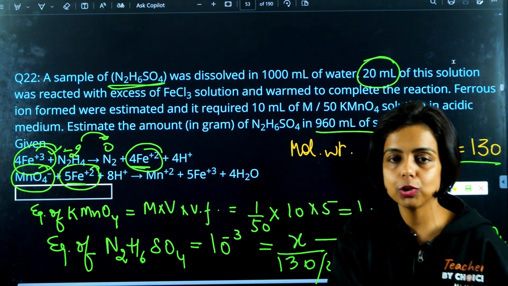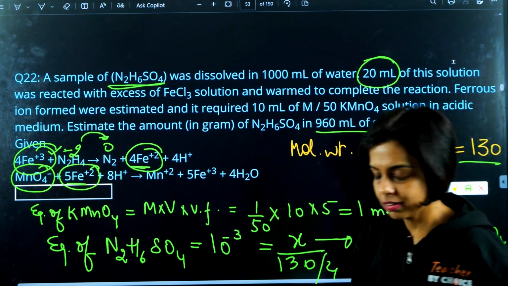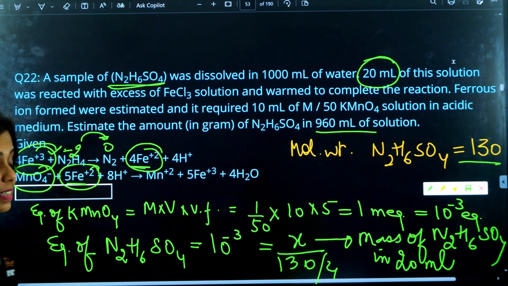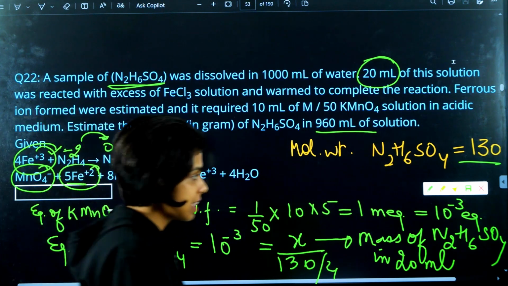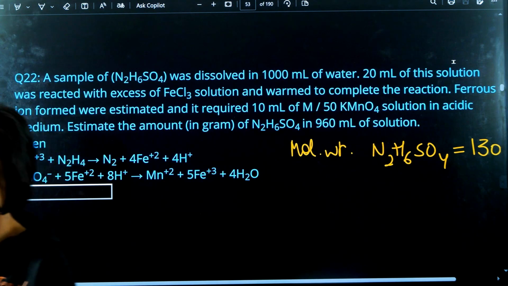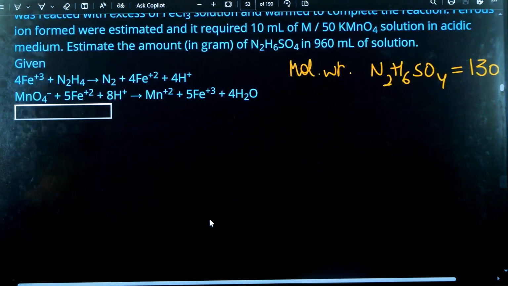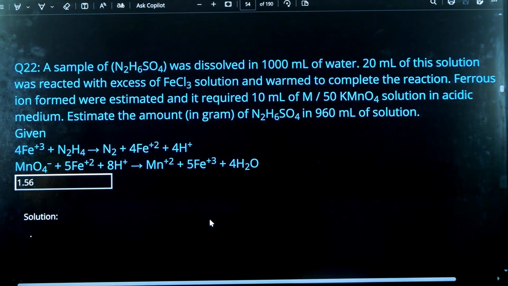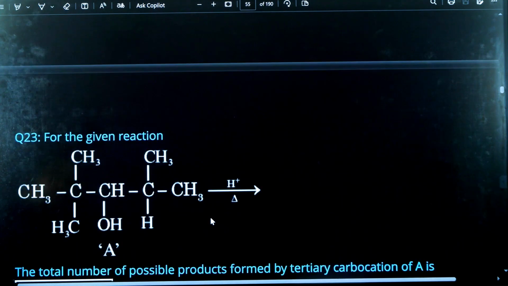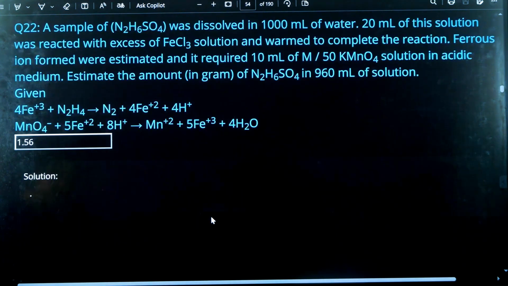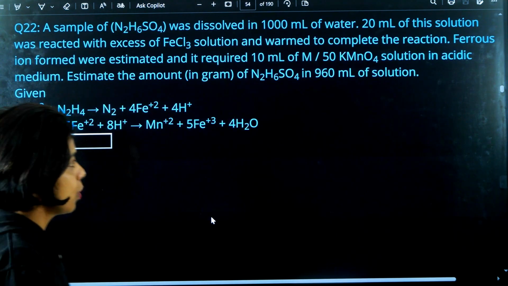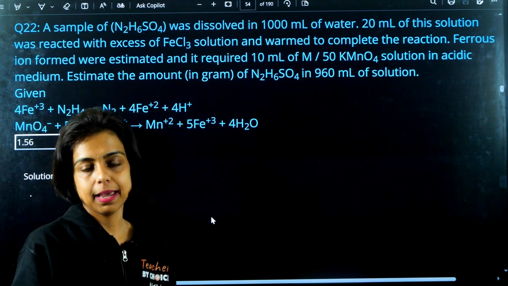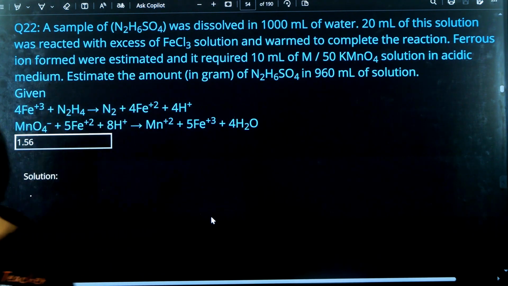Pretty simple. 20 ml you know. So you can calculate how much it will be there in 960 ml. Got it, guys? I hope solving this way you will get your answer correctly, guys. Simple law of chemical equivalence, though the question looks very complicated, it's pretty simple. And the final answer is 1.56, guys. 1.56 is the final answer. That is the amount of N2H6SO4 present in 960 ml. Got it, guys? Yes, I hope you can do it.